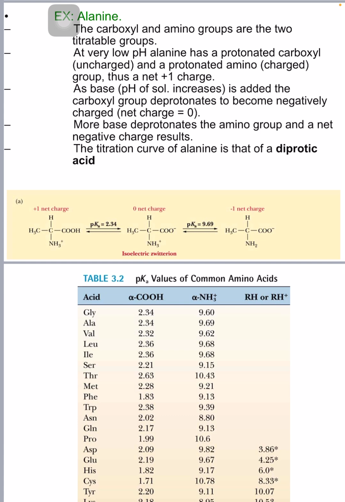It's now an NH2 instead of an NH3+. So it is neutral. So at this point, -1 on the carboxy, neutral on the amino terminus, overall -1 charge. Okay?